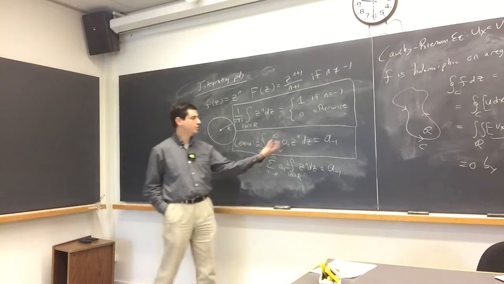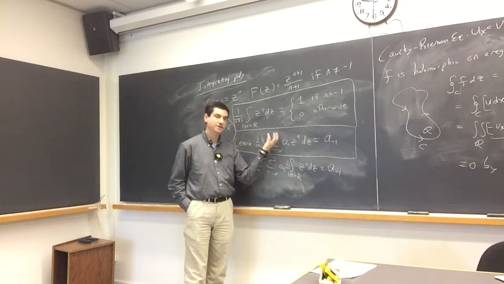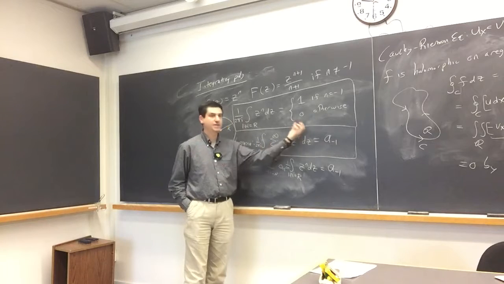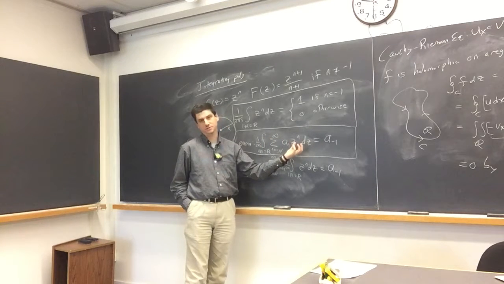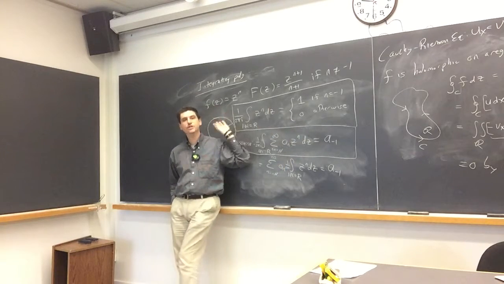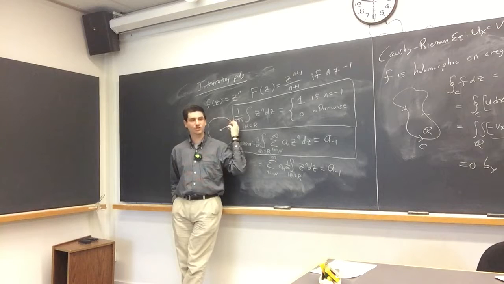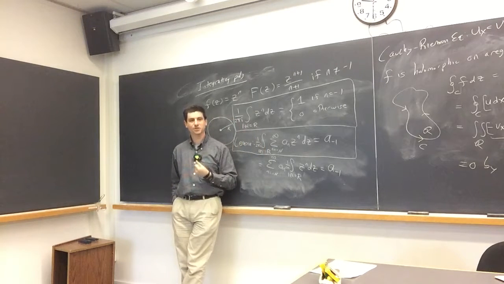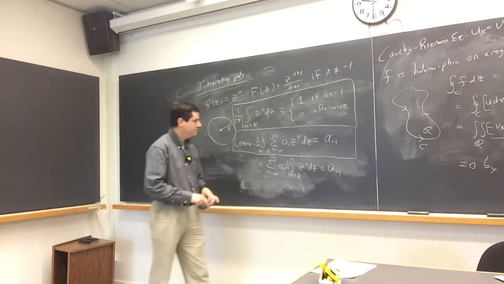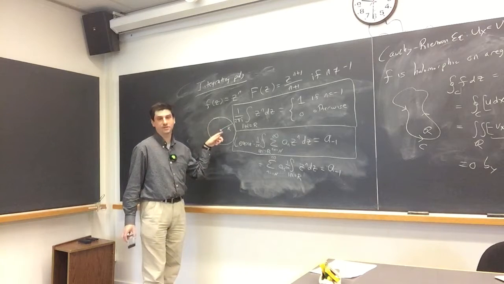If you want, we could pull off the finitely many negative terms, and then we would have an integral with the positive terms. And as long as everything converges, we've now broken it into finitely many pieces. And we've reduced this integration to calculating the negative first term in the series expansion. This is what happens if the function blows up just at one point, which is the center of the integration.